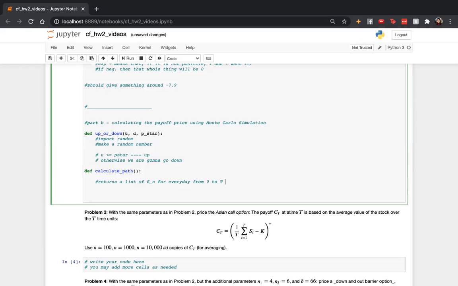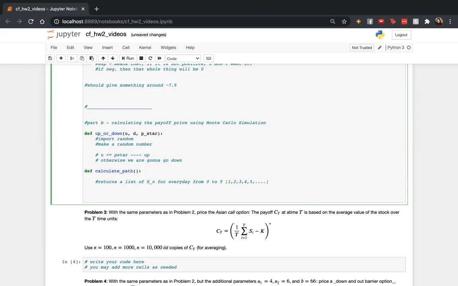So basically, let's say my stock price was going up $1 every day. The way it's going to look is my initial price is going to be $1, and then the first day after that would be $2, $3, $4, $5, so on and so forth. You get my point. I called it calculate path because I want to think about it as my path from the stock price at 0 all the way to the stock price at 10.